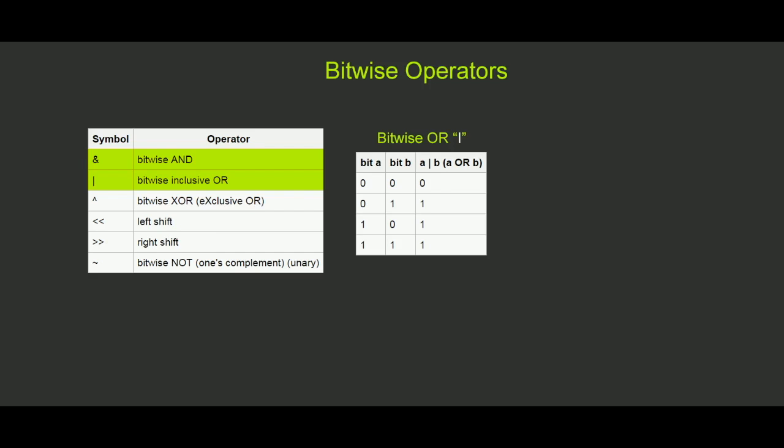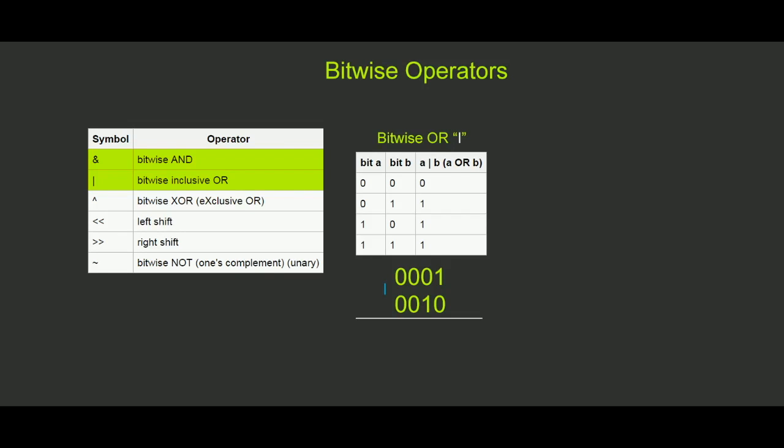So let's start with the bitwise example. Let's assume that our first number is something like this, and our second number is something like that. So these are both numbers in binary format. What would happen if we apply the OR operator on both of them?